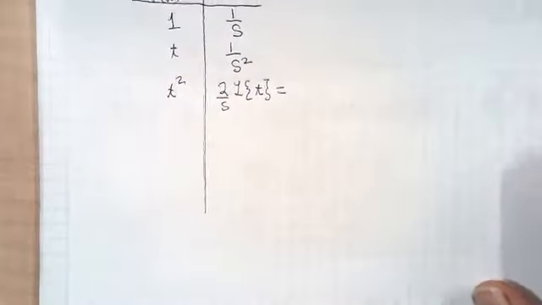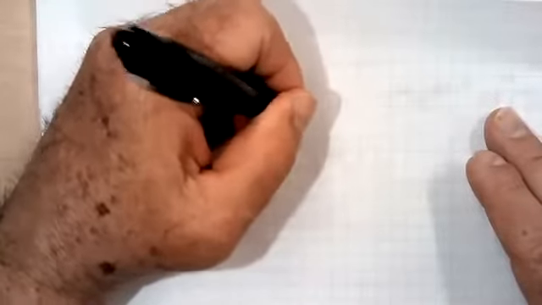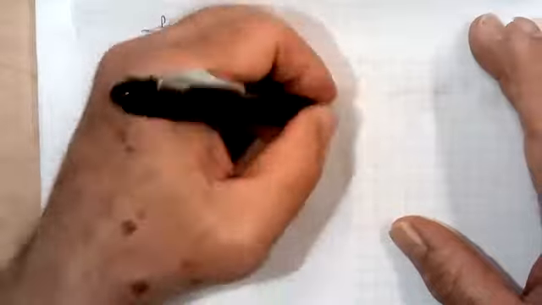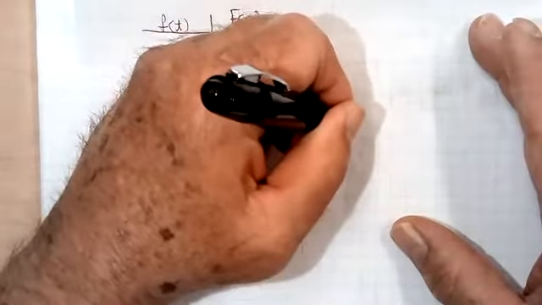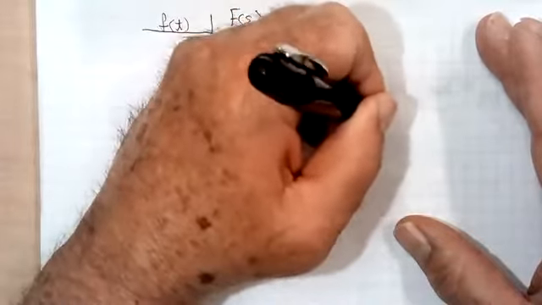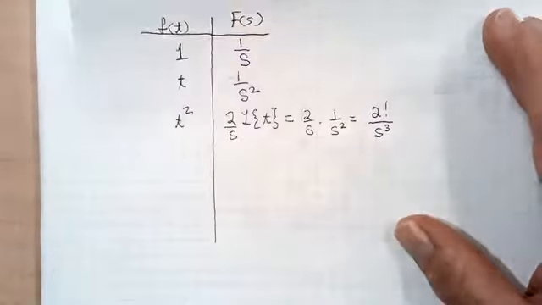And that is, well, 2 over s times the transform of t is 1 over s squared. So I've got 2 times 1, 2 factorial over s cubed. It does have the cubed in there.